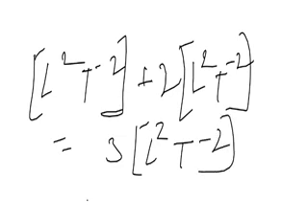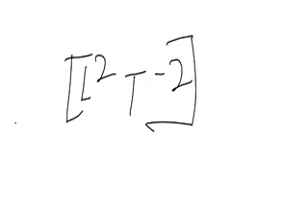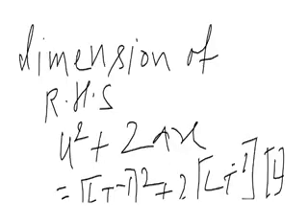As I have told, for the dimension we are not going to bother about the numeric value, so we'll neglect that one, and it becomes L square T to the power minus 2. So in this way we are seeing that the dimension of RHS is the same as the dimension of LHS that we got already, L square T to the power minus 2, in the previous screen.